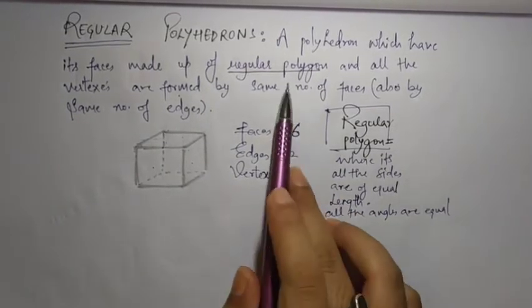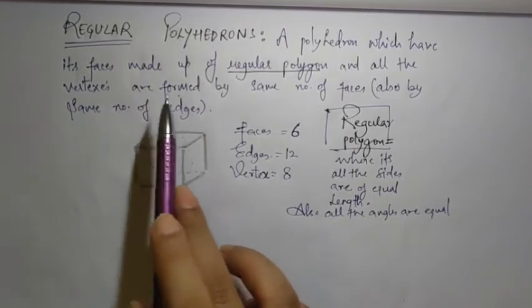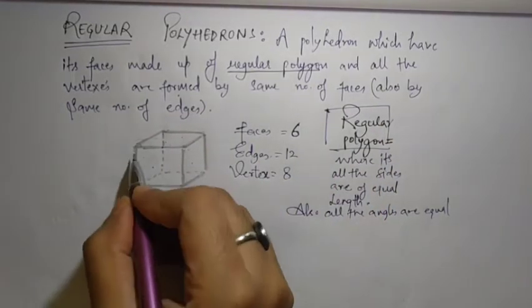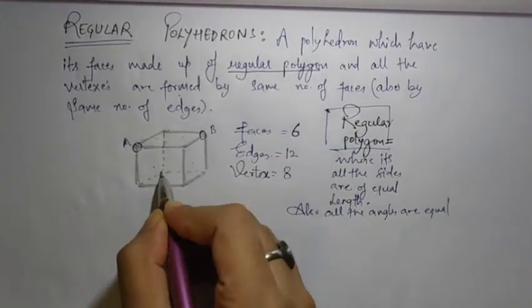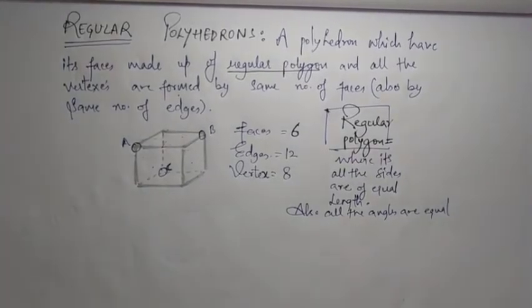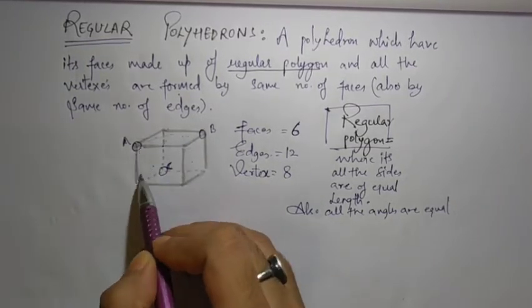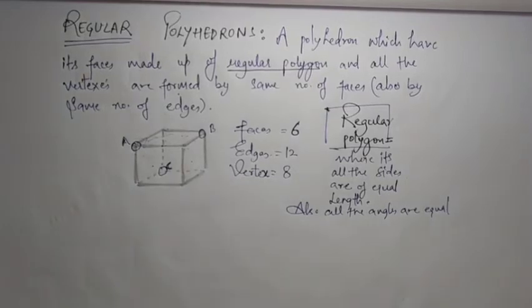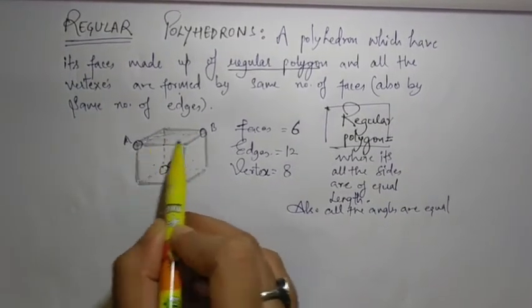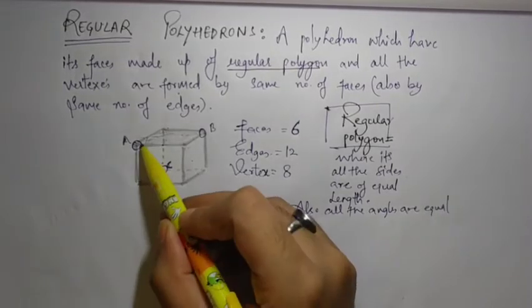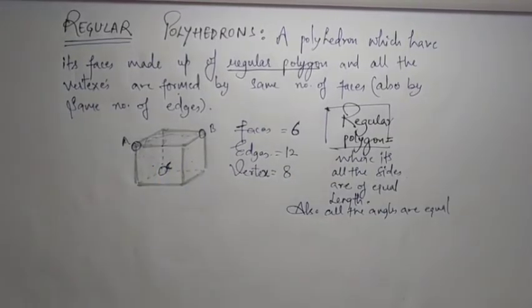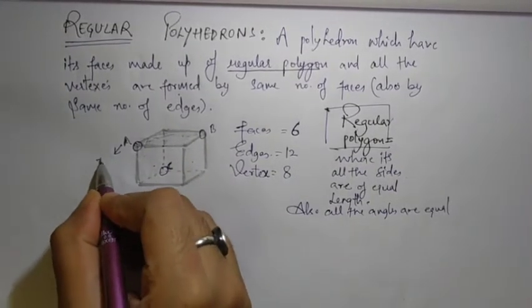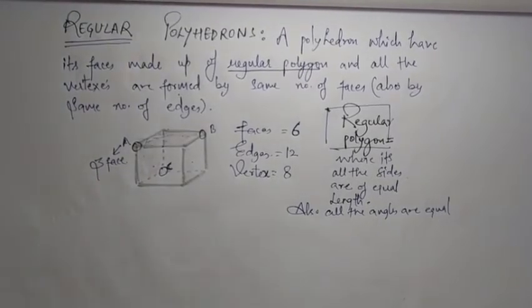Similarly, if I consider the other property, that is, vertices are formed by the same number of faces. If I see this vertex A and this vertex B, and C, let us take three vertices. See, for vertex A I have this face and this face. This is the side face for vertex A, and you have one at the back, and the third is your front one. So A has 3 faces forming this vertex.